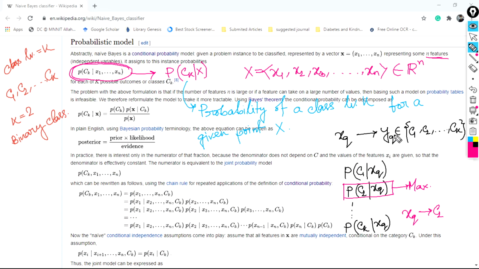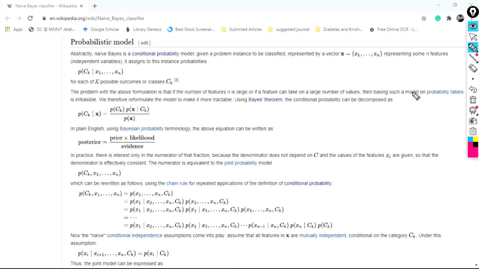Now let's come to the next step. This term means the probability of Ck given a point x. Here we are just using the Bayes theorem.